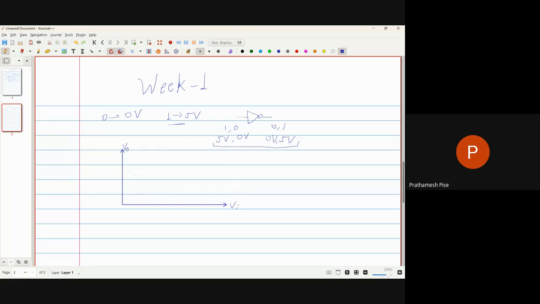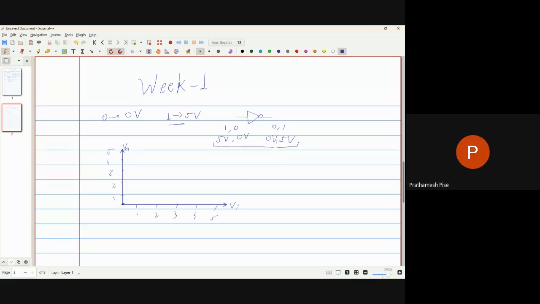Now tell me, if the input is 0 volt here, what should be the output? 5 volt.